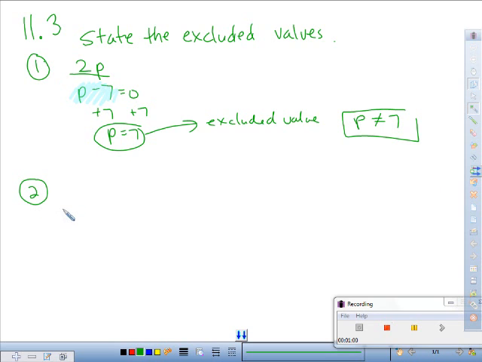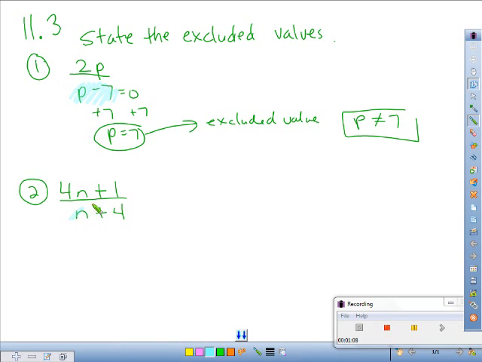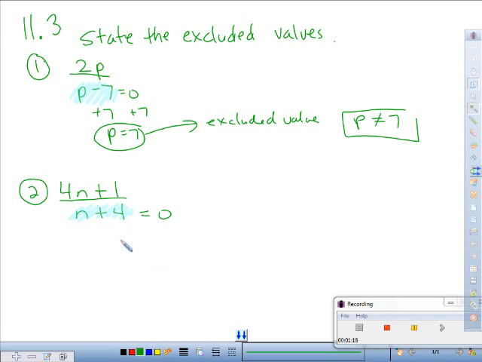Number 2. So again, we're just going to look in the denominator, because we're looking for the excluded value. What's the number that we could put down here that would make our denominator equal 0? Daniel, what do you think? Yes, it would, because if you minus the 4 from both sides, you're going to get n equals negative 4.